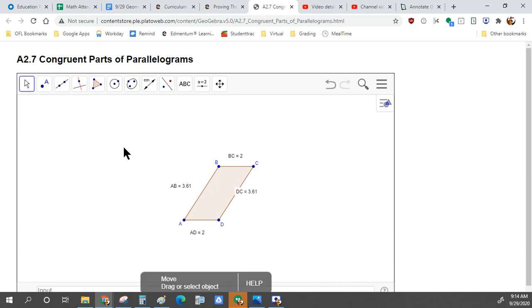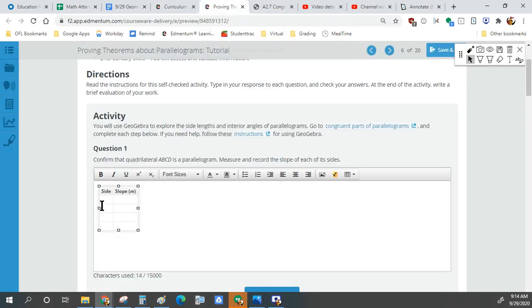All right, so do that. And we'll see here that AB is equal to DC. So in the parallelogram, opposite sides are equal to each other. They're going to talk about that a little bit later, but we're talking about slide AB. Oh, they only want the measure and the slope.